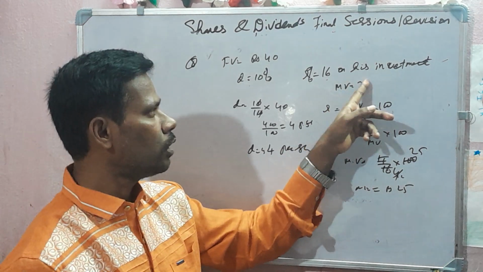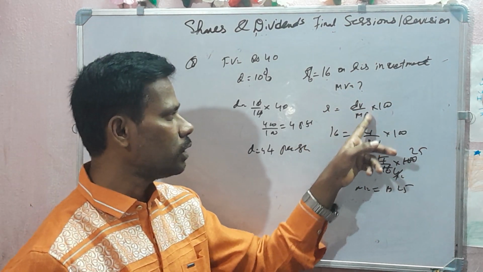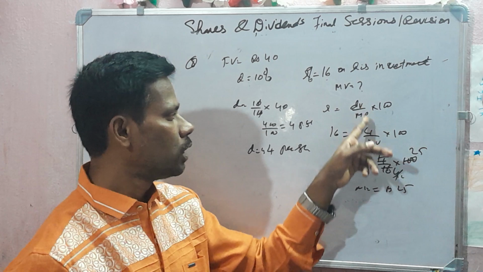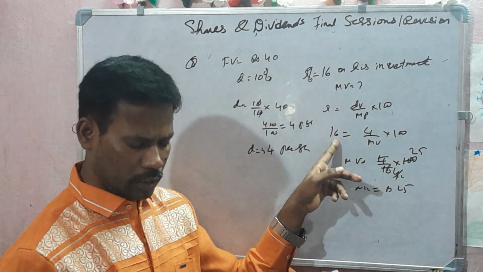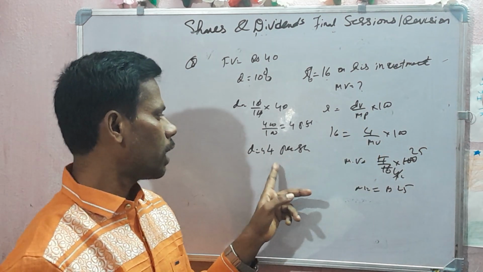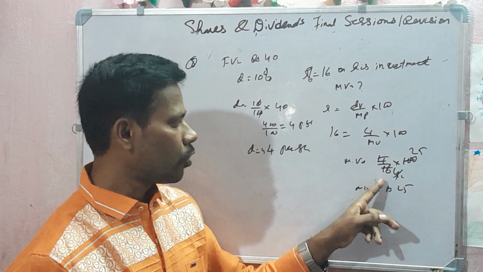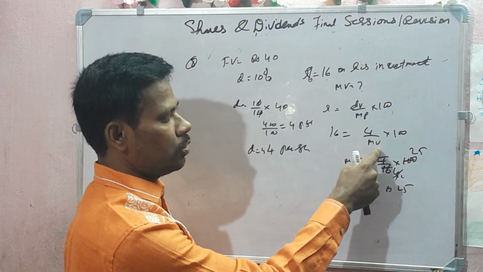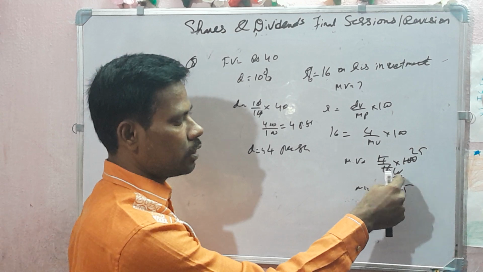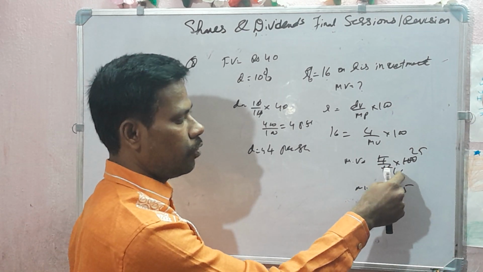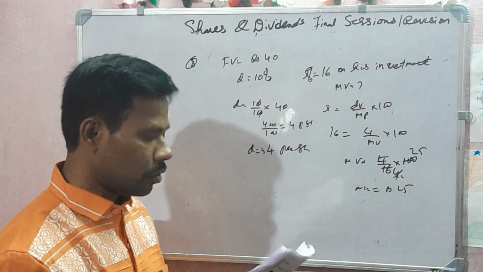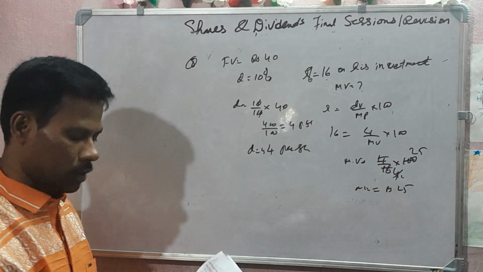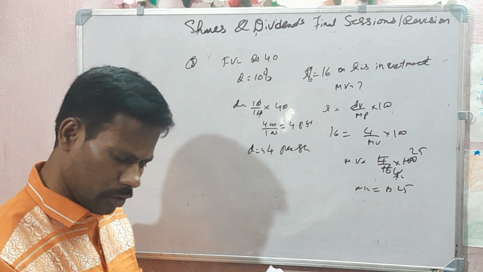Apply this formula on his investment: rate is dividend by market value into 100. 16 is given, and we already calculated dividend 4. So 4 by 16 into 100. 4 fours are 16 and 4 ones are 4, so 25. Market value is 25. Right, there is the solution.